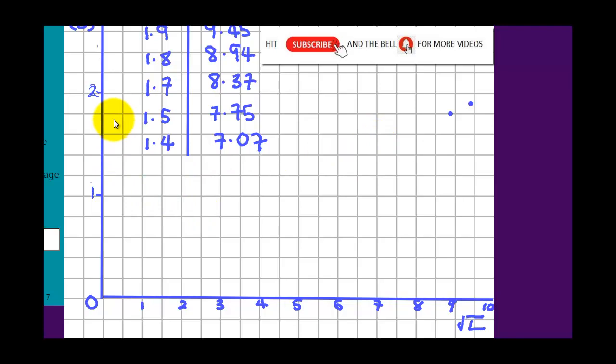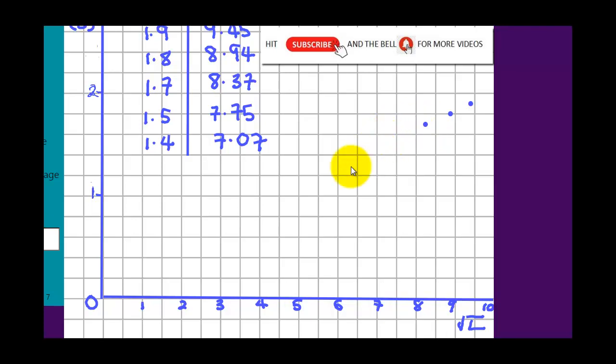So 1.7 is going to be in between here against 8.37. So this is 8 and this is 8.5. So 8.37 is going to be somewhere around here. I'm going to put it here.